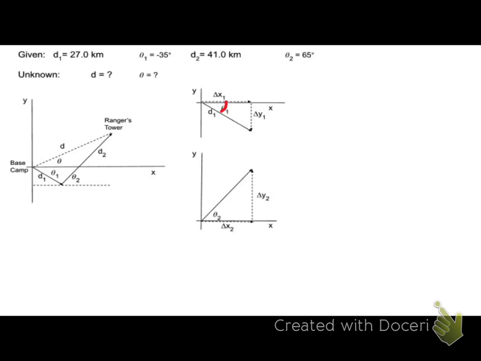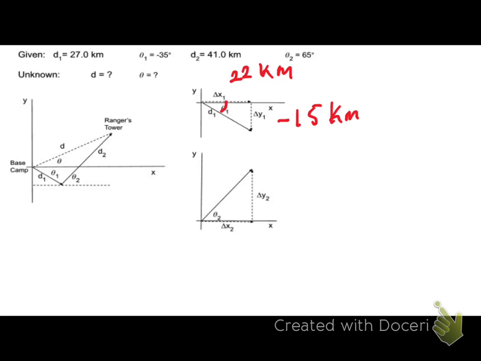So the one that we would use sine for is the opposite, so delta y. And the one we would use cosine for is the adjacent one, which is your delta x, okay? So if you solve for this, delta x1 should come out to be 22 kilometers. And delta y1 should come out to be negative 15 kilometers. Because remember, we are going down in the coordinate system, so this is a negative number here.